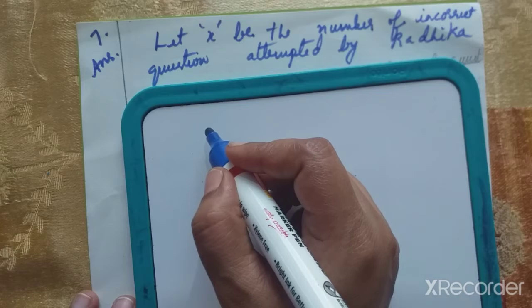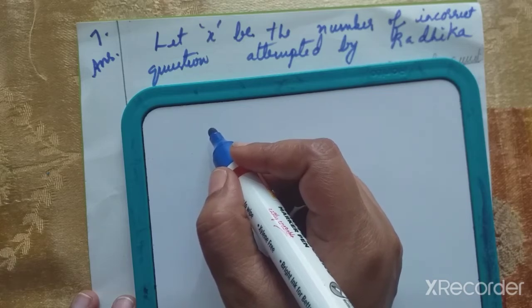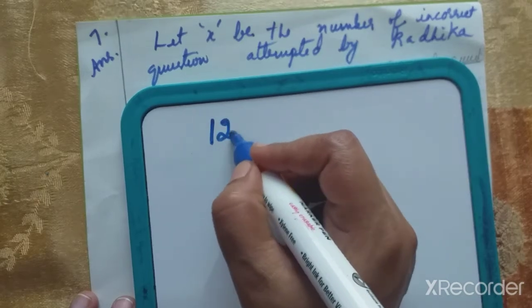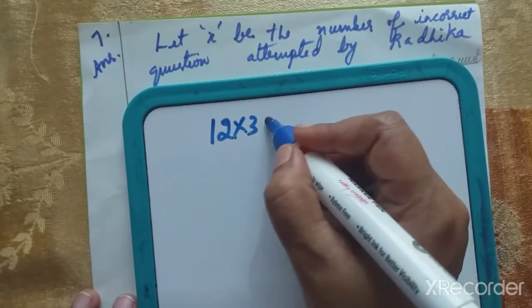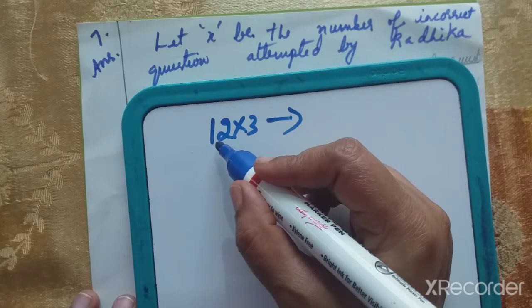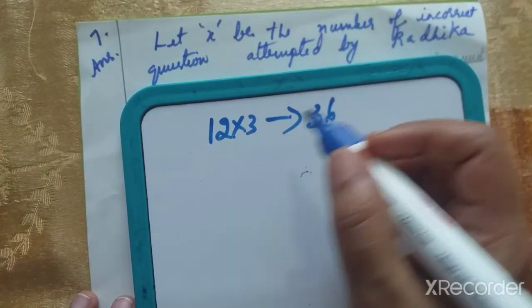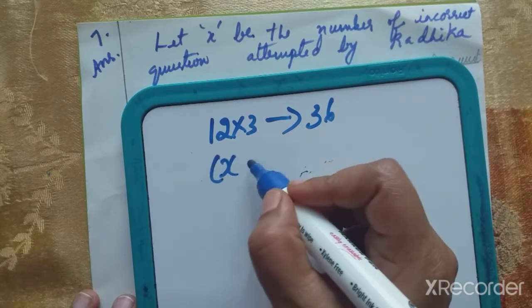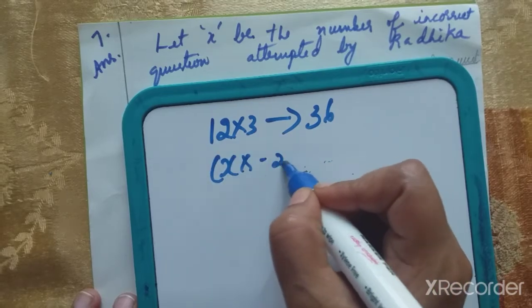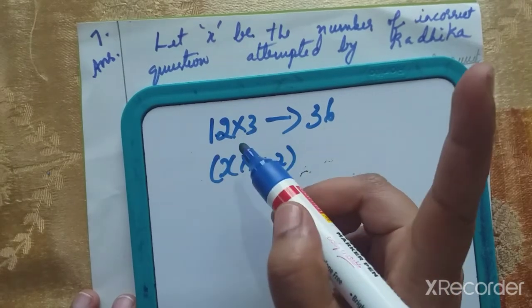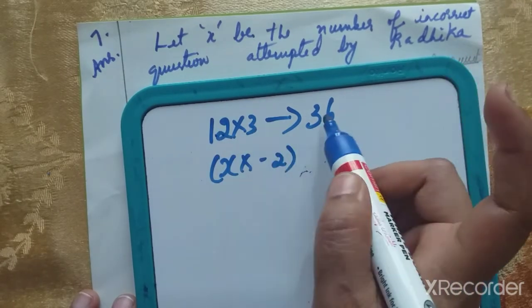Here she attended 12 questions correctly. 12 correct answers means 12 into 3 is 36. Then we don't know the number of wrong answers, so x into minus 2. For each question 3 marks, totally 36.